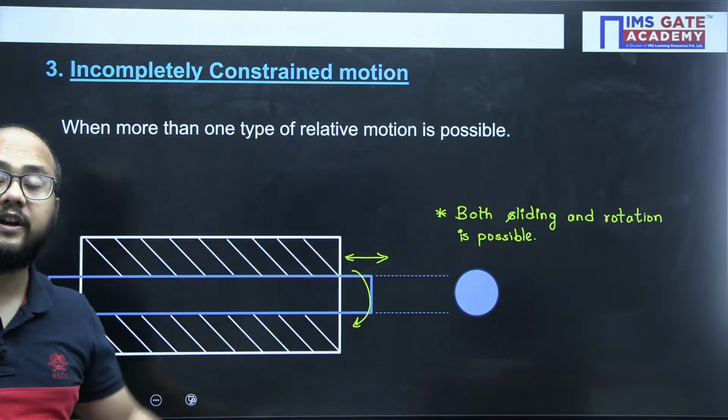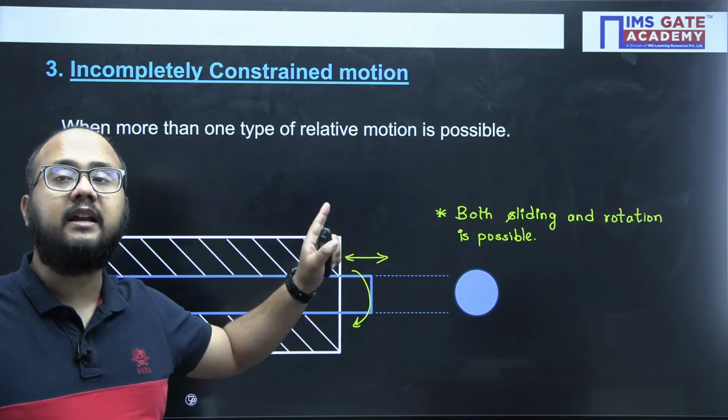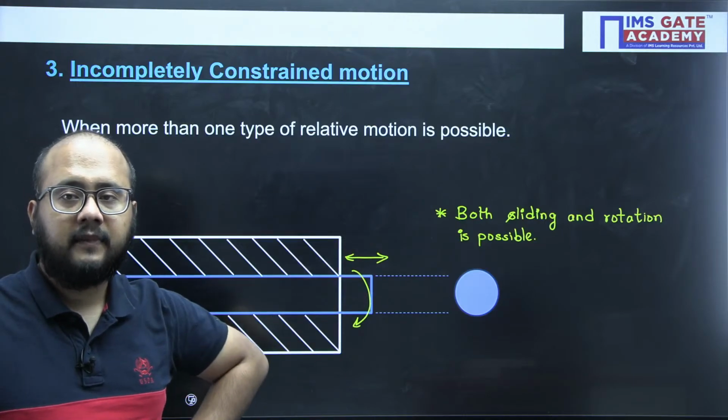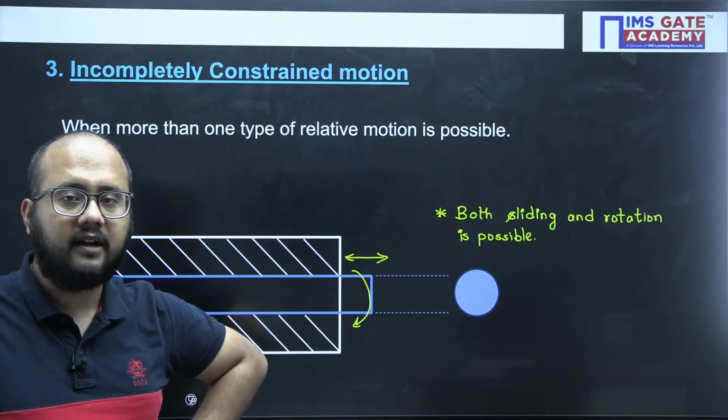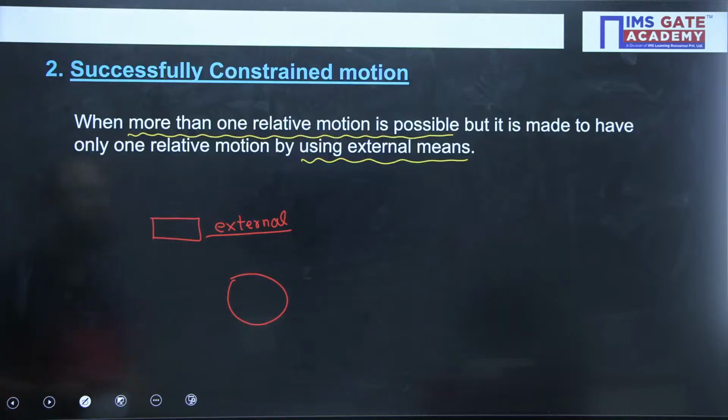Right, so that's why it becomes incompletely constrained motion. Yes or no? Correct. So in total we have 3 types of constrained motion.